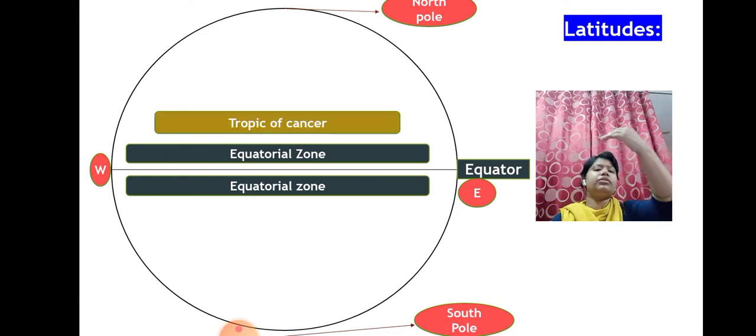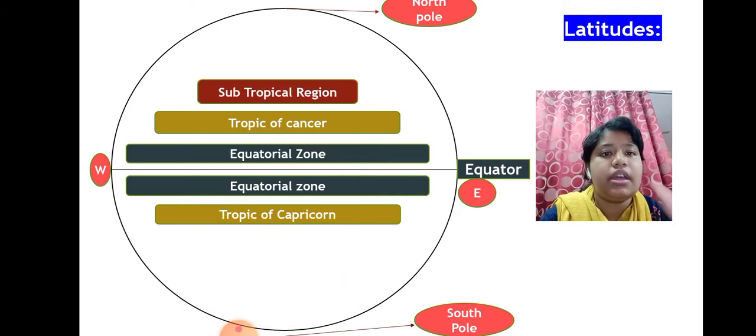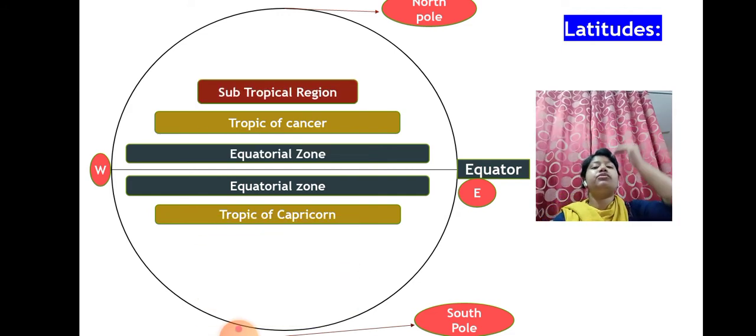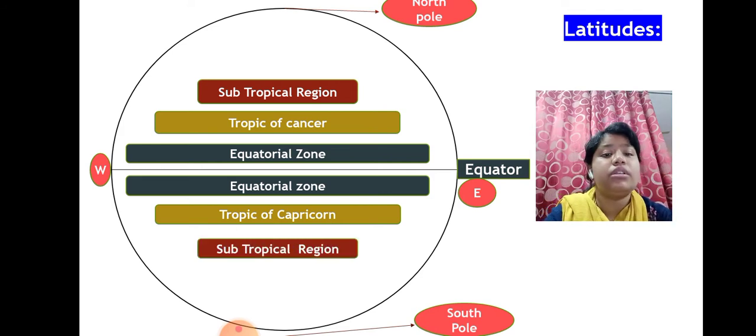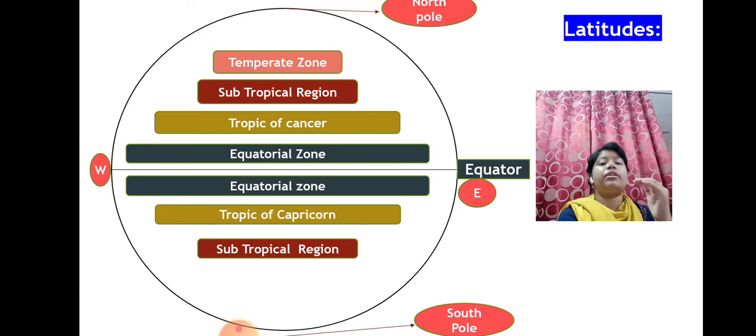Above the equatorial zone comes the Tropic of Cancer towards the north, and towards the south, the Tropic of Capricorn. Above the Tropic of Cancer comes the subtropical region. Towards the south, below the Tropic of Capricorn, comes the subtropical region.